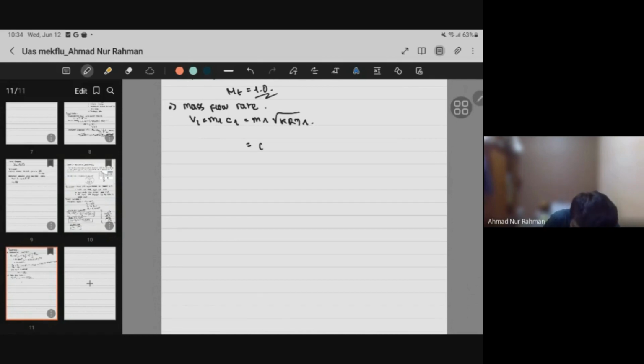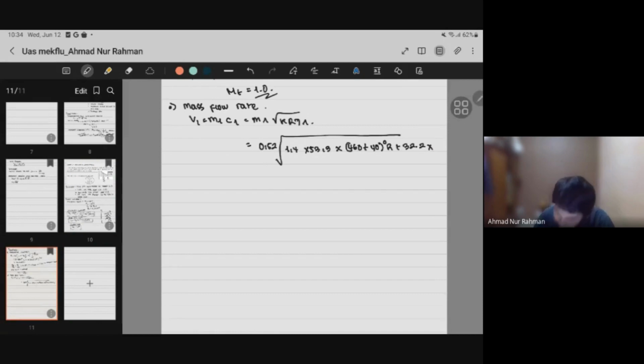So we substitute it, M1 is 0.52, 1.4 times 53.3 times (460 plus 40) times 32.2.